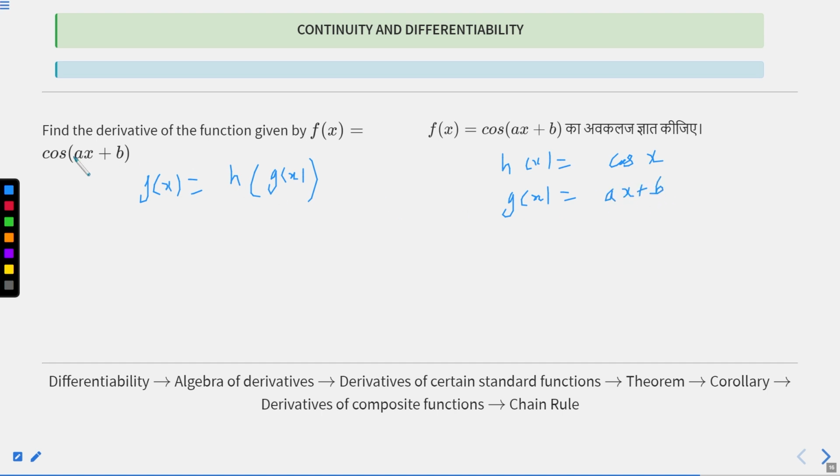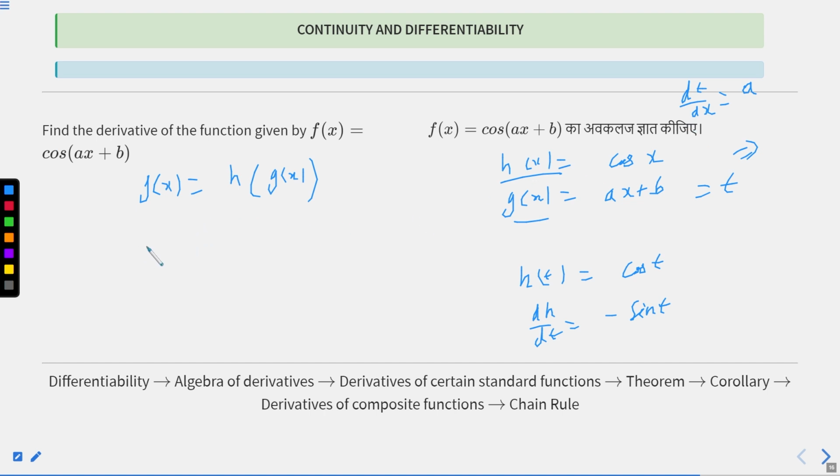Very easy to define: the inside thing is g of x, the outside thing is h of x. Now taking this equal to t, h of t will be cos of t. This means dh by dt will be minus sine t, and from this dt by dx will be just a.